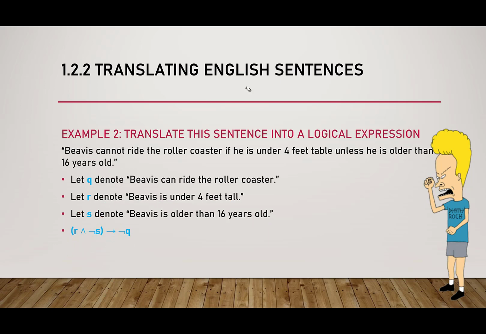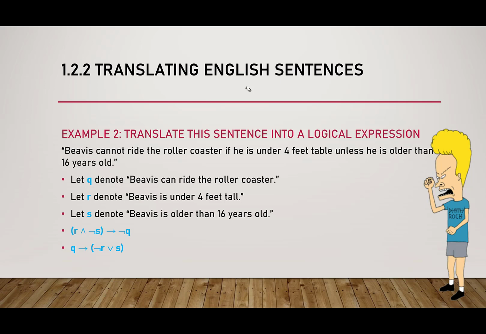Let's take a look at the second equation, that maybe some of you got. This is the second equation. Now this is saying Beavis can ride the roller coaster, therefore he must be either not under 4 feet, in other words, taller than 4 feet, 4 feet or taller, or he's older than 16. Remember the rule.